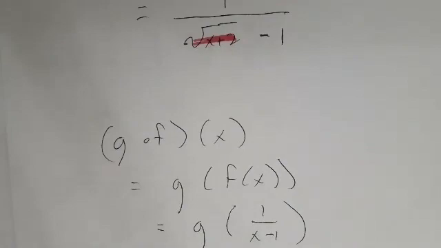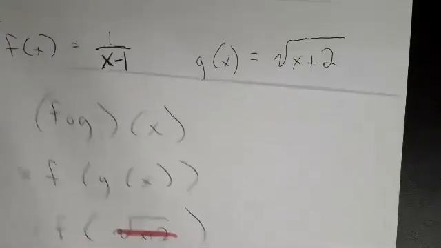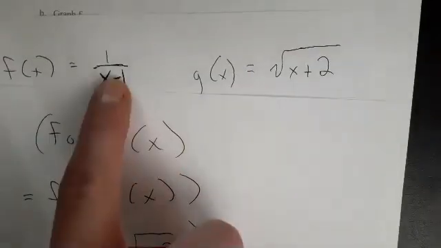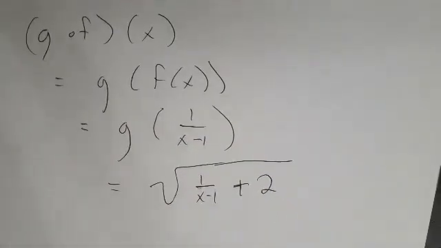And now I'm taking this 1 over x minus 1 and plugging it into my g. My g looks like a square root of x plus 2. So I'm taking 1 over x minus 1 and plugging it into the x here. Should look something like that.